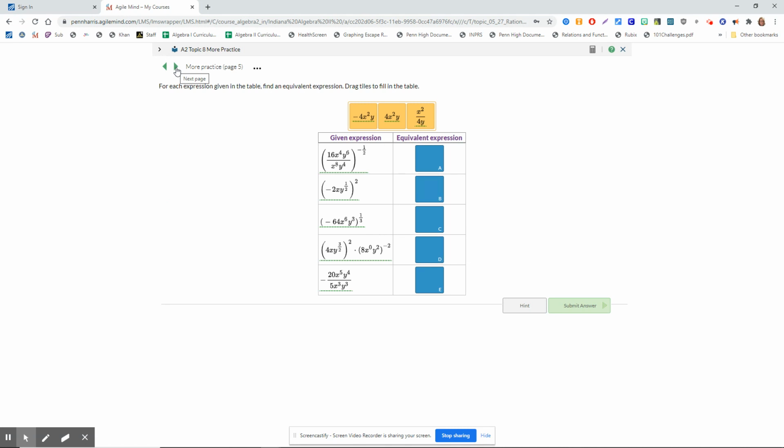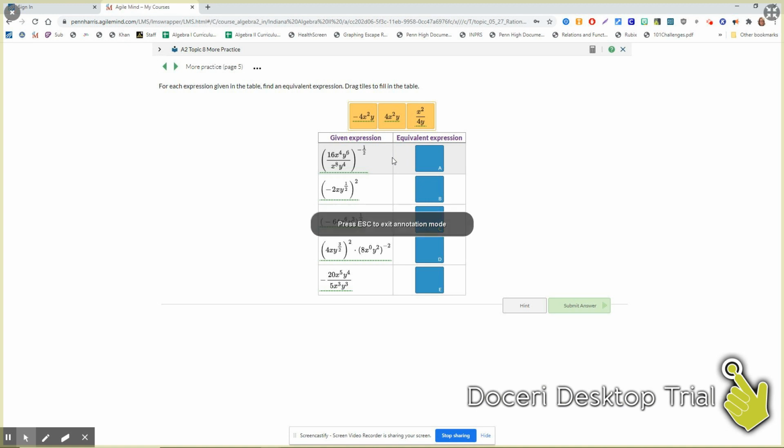Question 5. Each one of these guys you're going to have to go through and simplify here. When I simplify that first one, this is simply asking for the square roots. And because of that negative exponent, everything moves to the opposite side. So with that, the square root of 16 is 4 on the bottom.